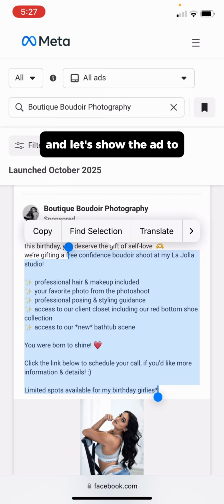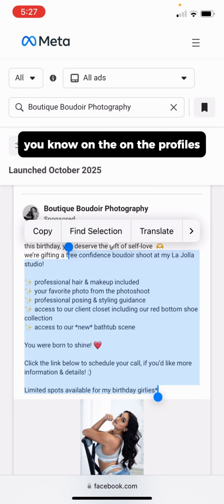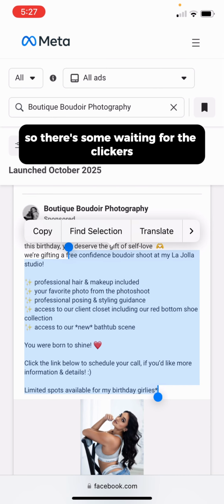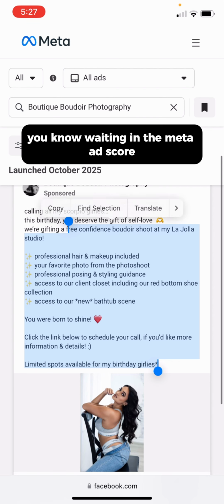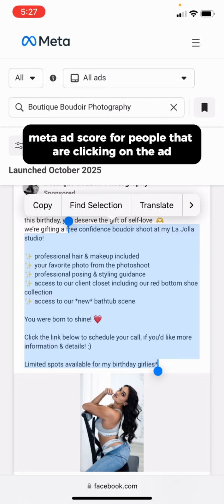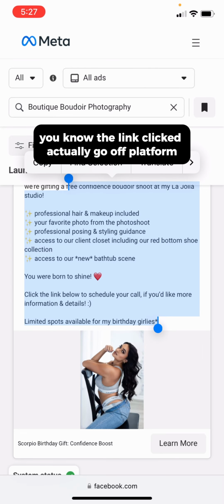And let's show the ad to other Meta profiles that are similar in data points to the people that clicked and also the people that converted. So there's some weighting, in the back-end hidden Meta ad score, for people that are clicking on the ad, the link click to actually go off platform.